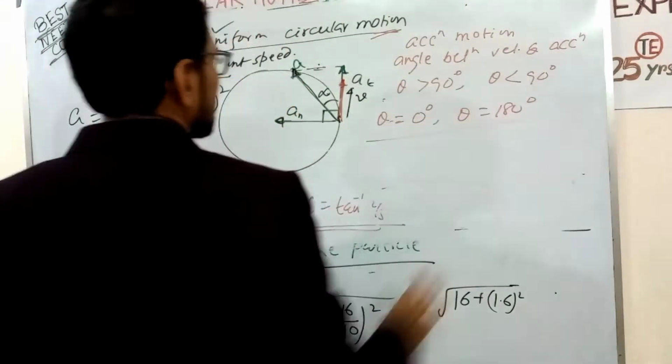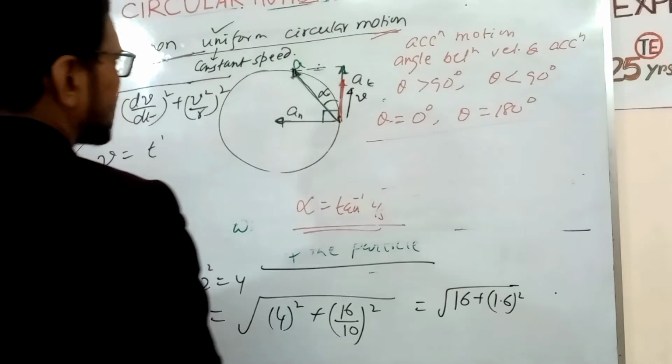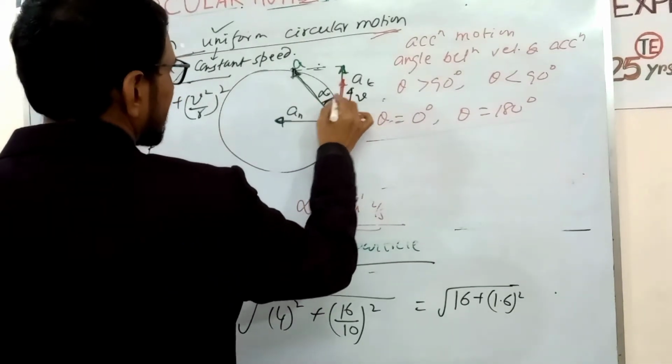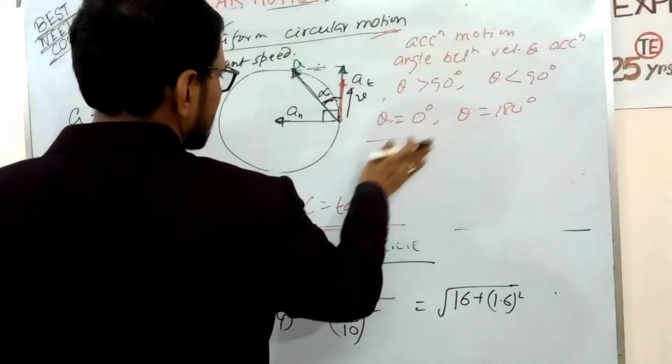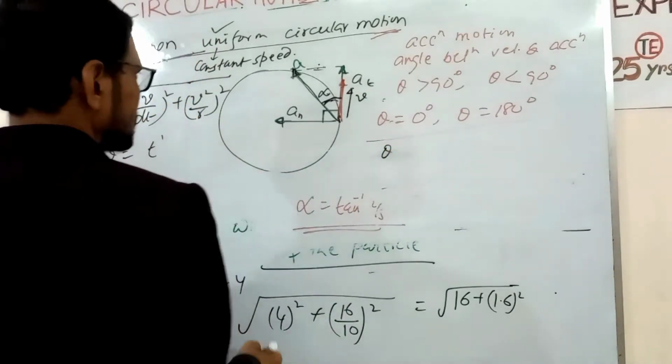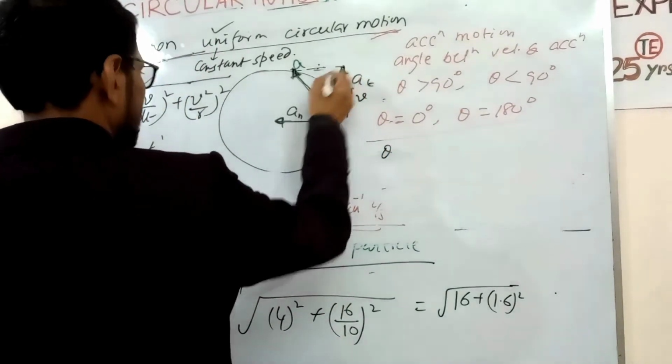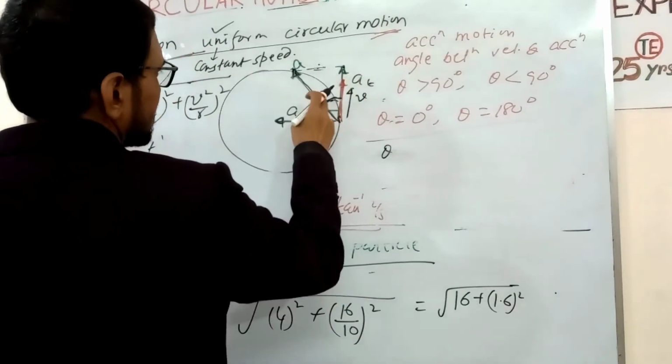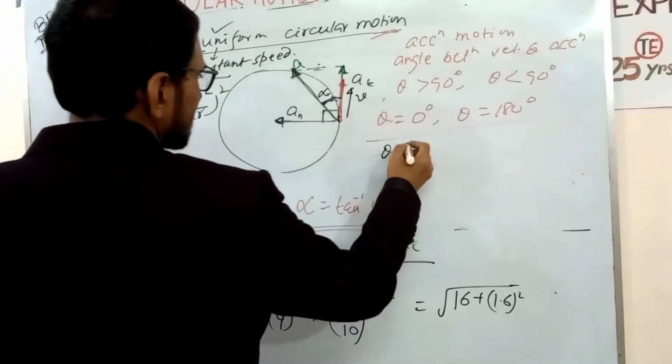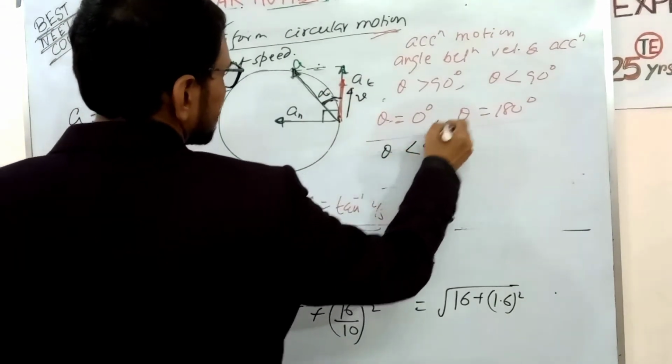Which one is correct? The angle here is alpha, that is theta. From this figure we clearly understand that theta, this is alpha, is less than 90 degree. So this is the answer.